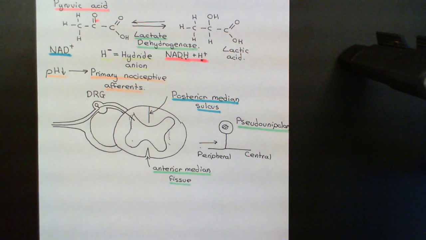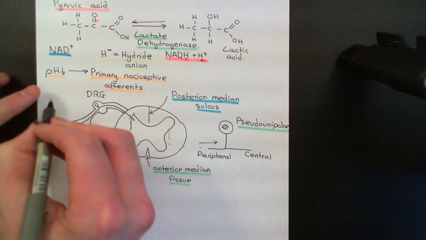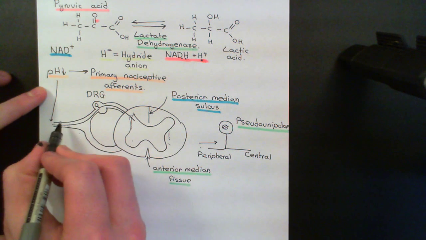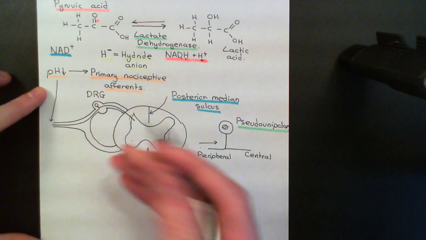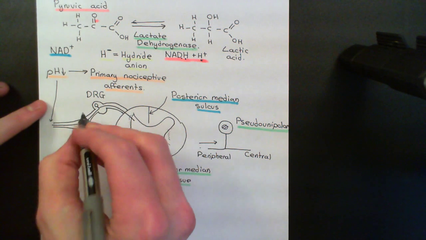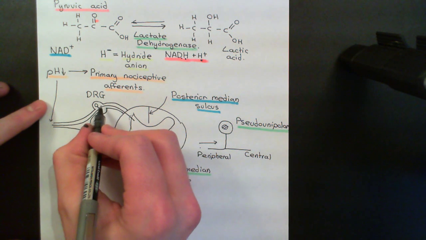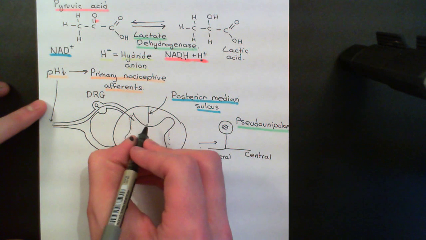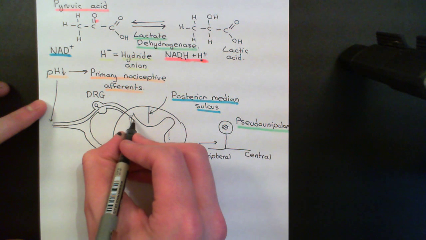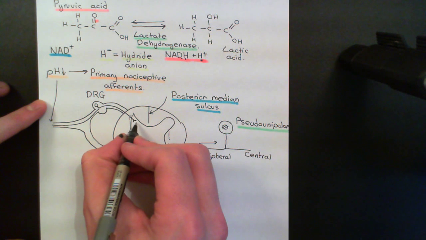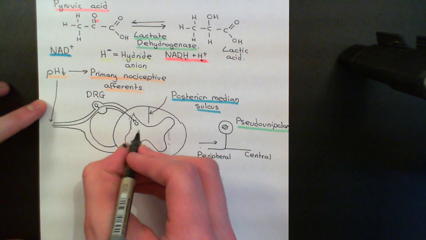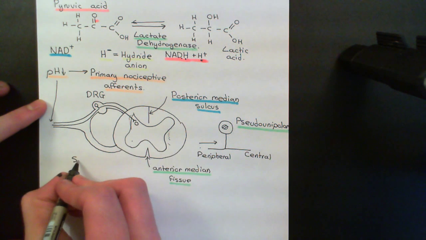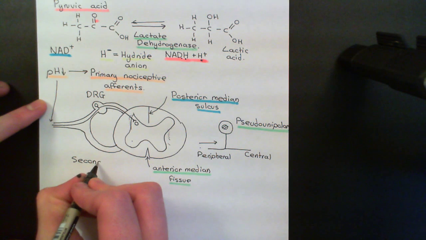Okay, right. So, the pH then, going down, stimulated the peripheral process of this primary nociceptive afferent far, far away in the heart somewhere. Now the action potential is coming up, it goes down the central process here, and then it doesn't deliver it all the way up to the brain. Instead, the primary nociceptive afferent is going to have a synapse with a secondary nociceptive neuron here, which is known as a secondary spinothalamic neuron.